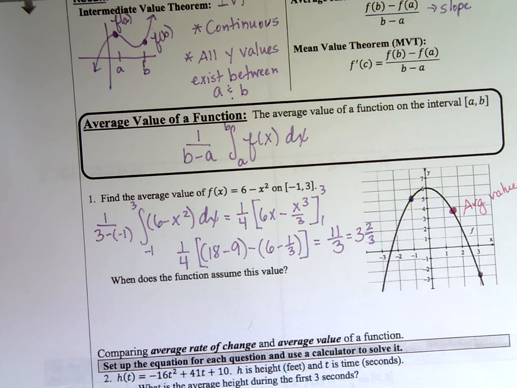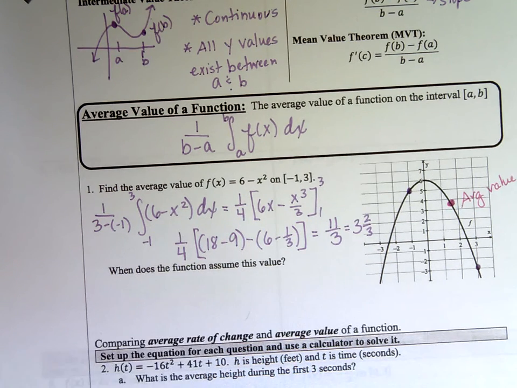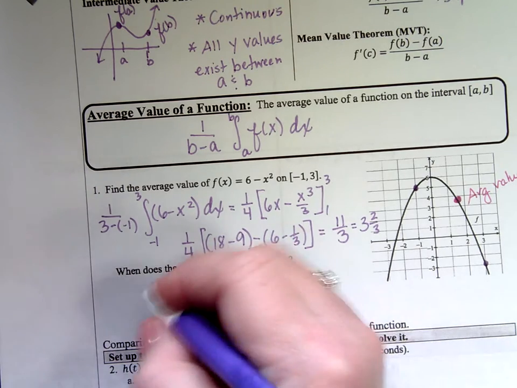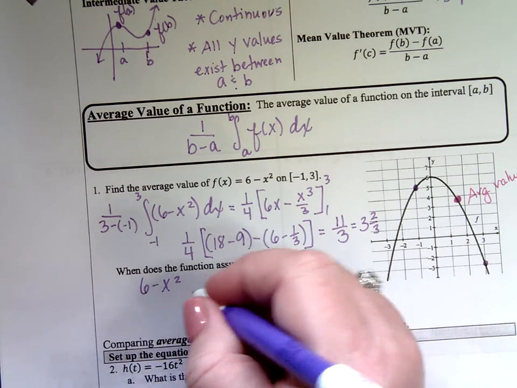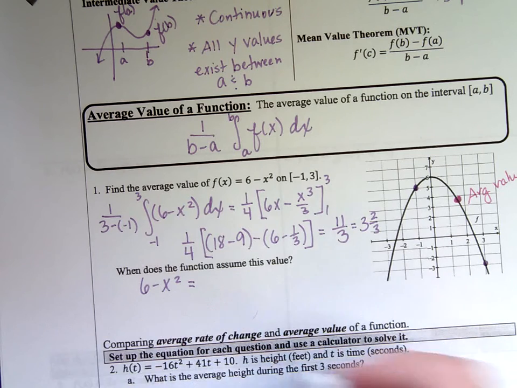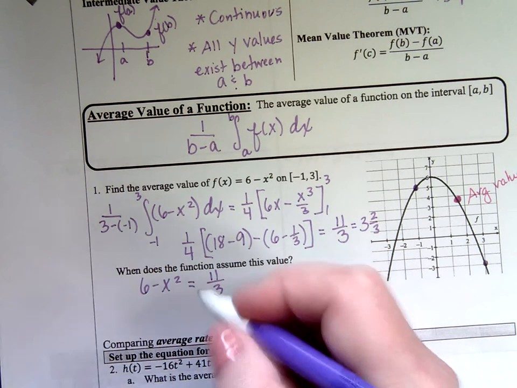So what's the function? 6 minus x squared assumes the value 11/3. When does the function assume this value? So when does it equal that? That's what you're looking for in this second part of the question.